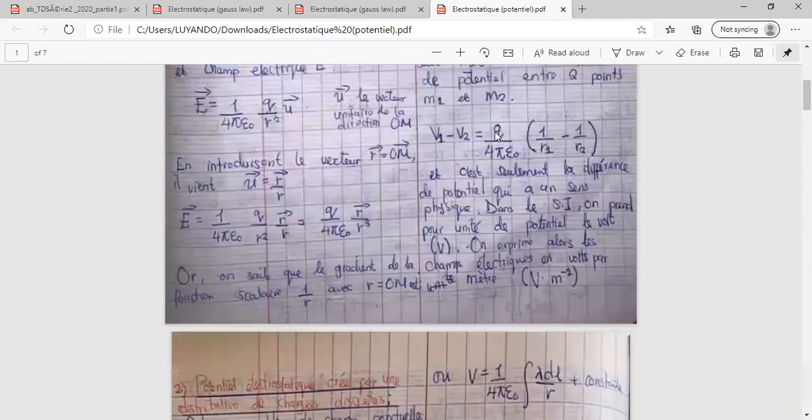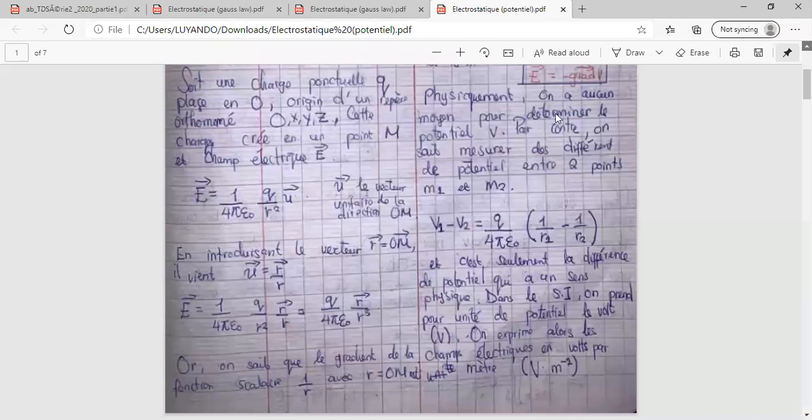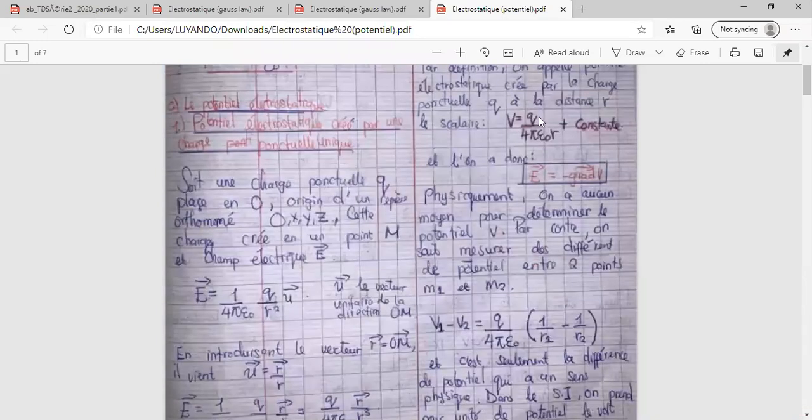Let me go to the actual expression. V is equal to this plus a constant. We just introduce the summation of Q over R plus the constant. So that is what we have there.